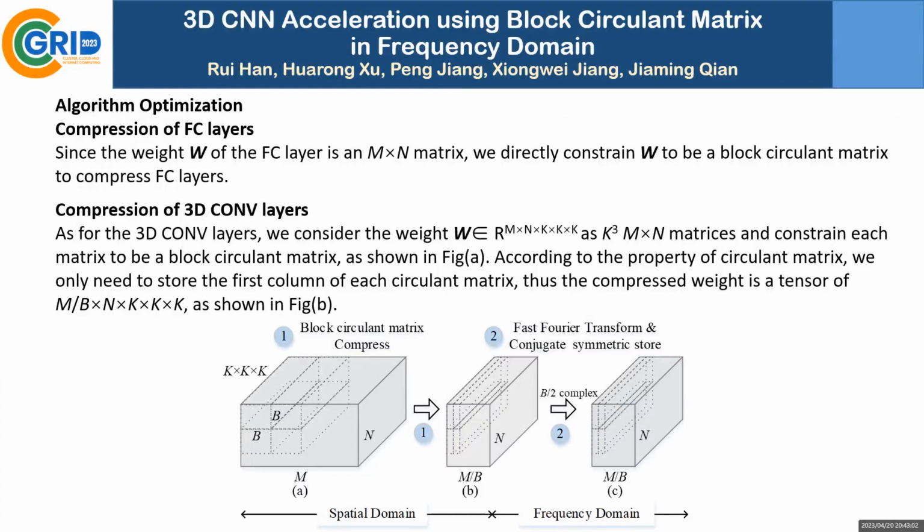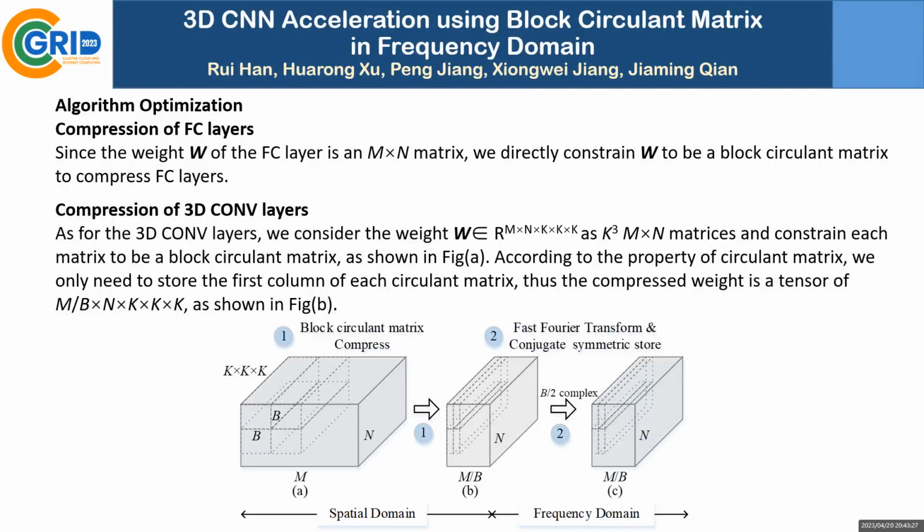As for the 3D convolutional layers, first, we consider the n by n by k by k by k weight tensor W as k cubic n by n matrices, and then we constrain each matrix to be a block circulant matrix, as shown in Figure A.